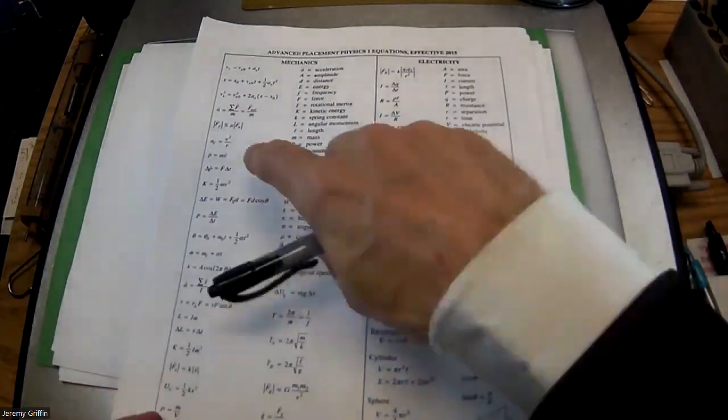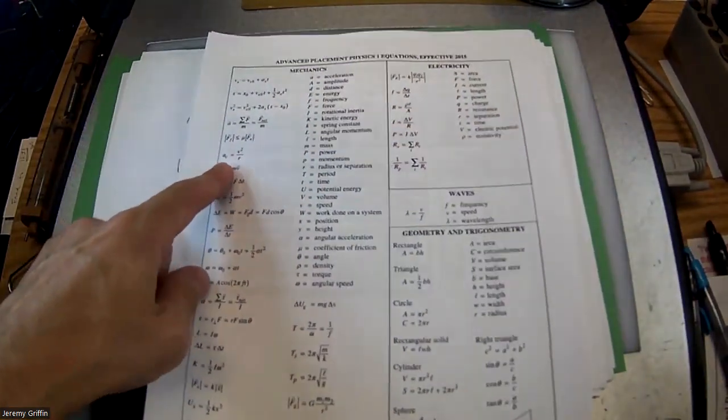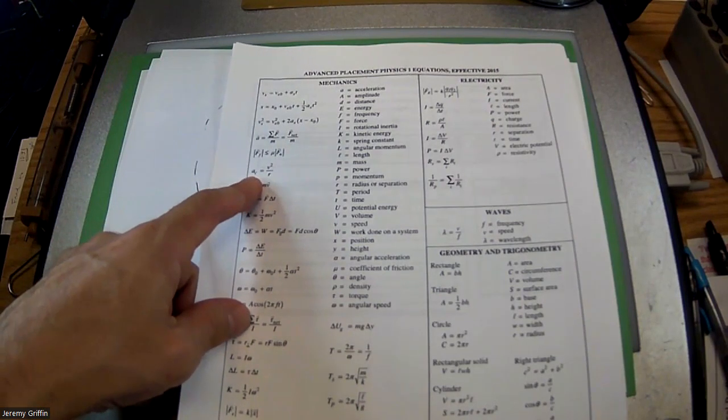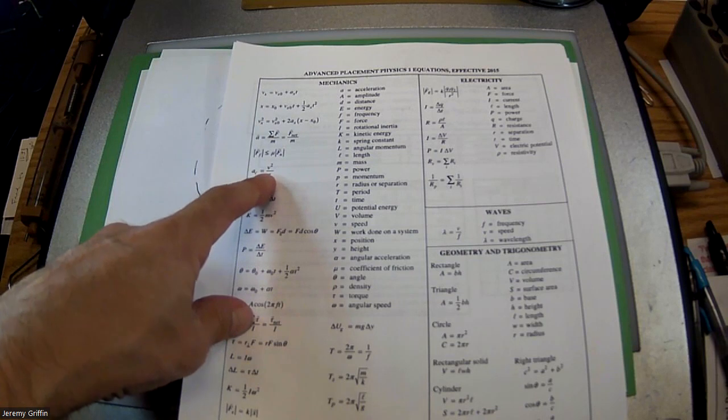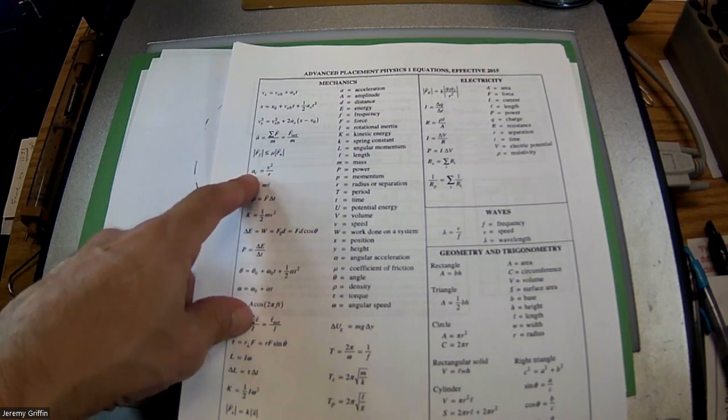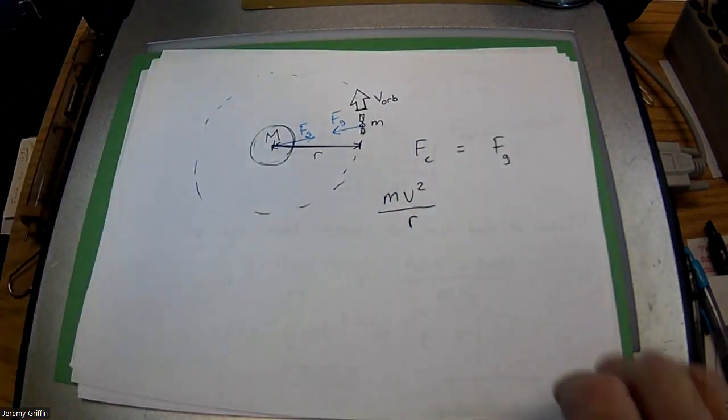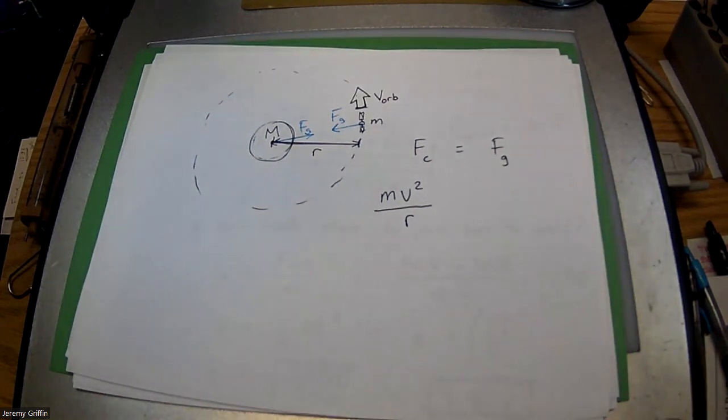They don't exactly give you that one, but they give one really similar, near the top. It says centripetal acceleration is v squared over r. Well, you know force is mass times acceleration, so if you throw a mass in there, you get centripetal force. So now we're back to that. It's good to have that in your back pocket.